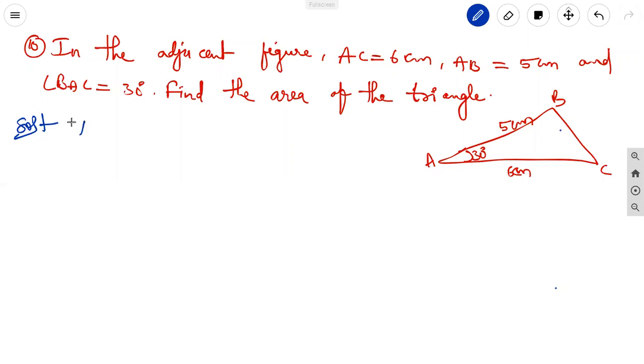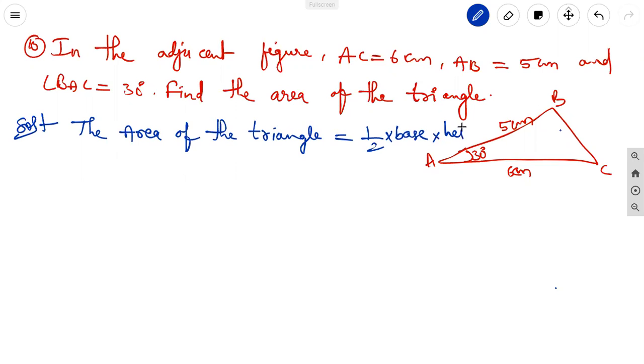We know the area of the triangle is equal to half into base into height.